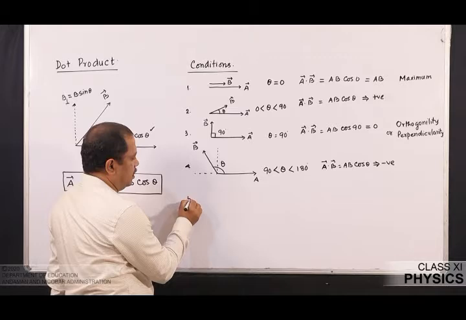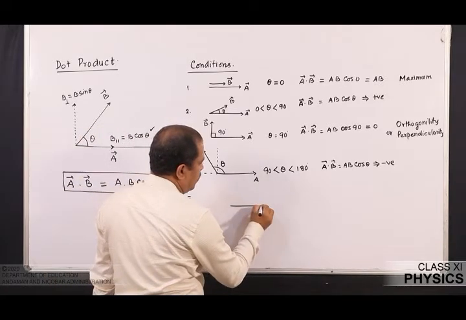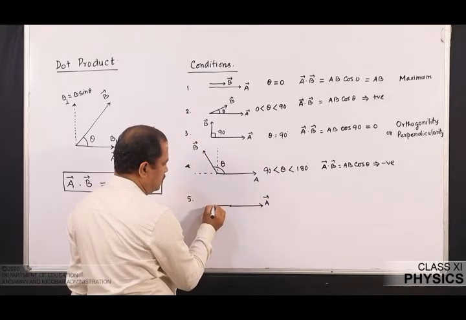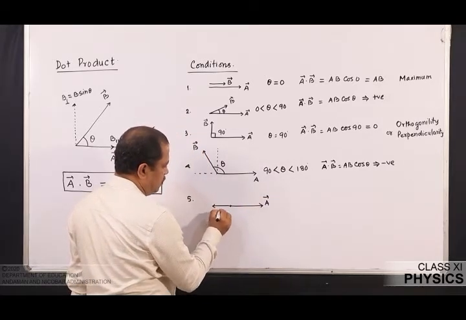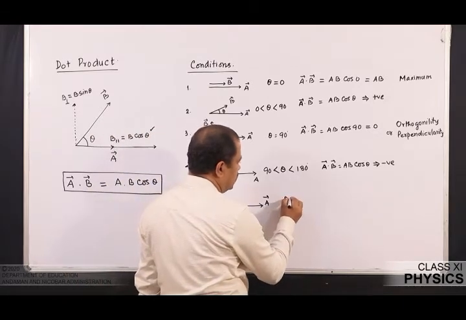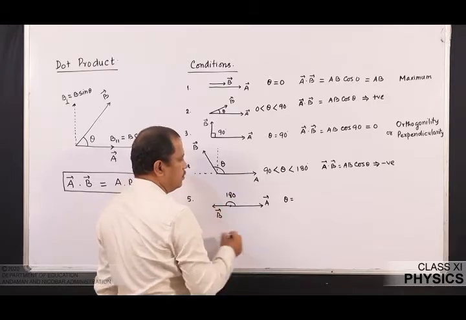Next condition, let me put it this way: this is my vector A and this is my vector B, and this time the angle theta between the two vectors is 180 degrees.